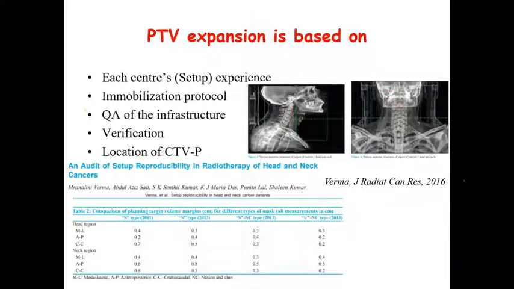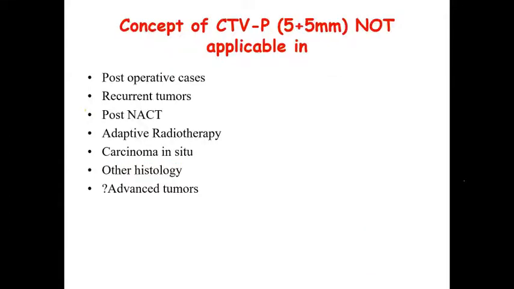As of now, our practice is a CTV to PTV expansion of 5 mm in head neck sites, and the world over, I think it's around 3 to 5 mm, depending upon what your center adopts. So each center should do their own. That's the bottom line.